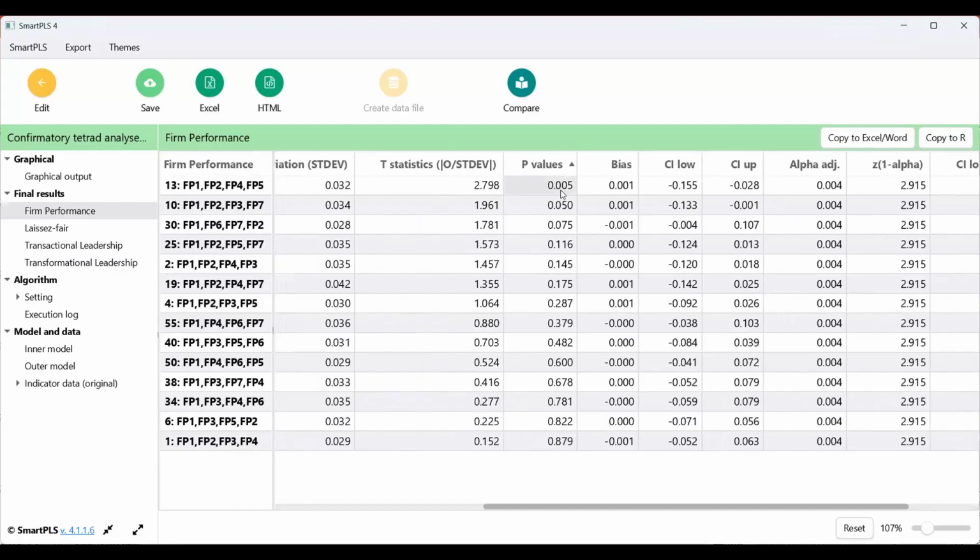This one is 0.05, so this is significant, right? And then this is also significant. This is significant. This is insignificant. So how do you determine the percentage? The software does not give you the percentage of the tetrads that are significant.